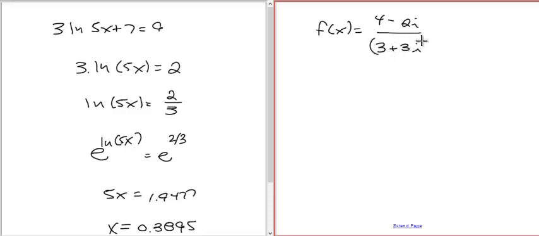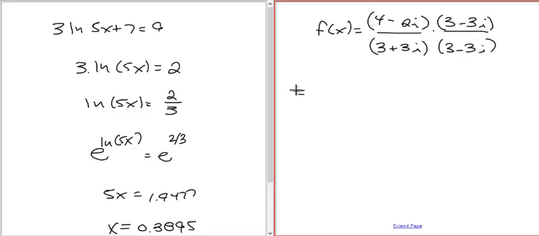So you always take the complex conjugate of the denominator. That means changing the imaginary part to the opposite sign. So it's positive 3i, so I make it negative 3i.